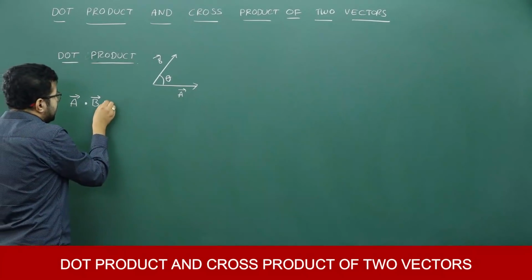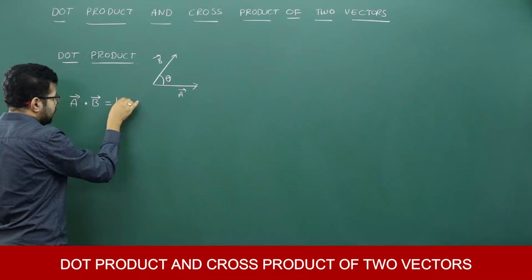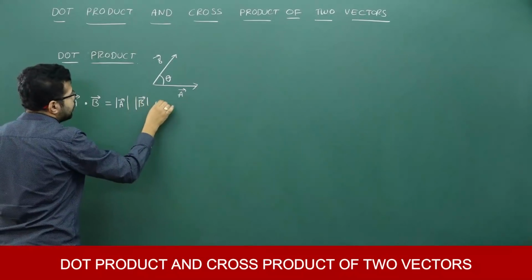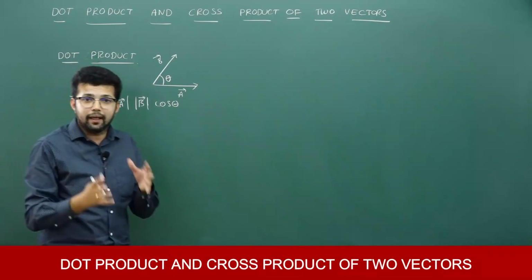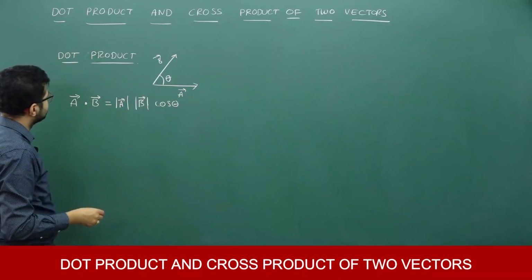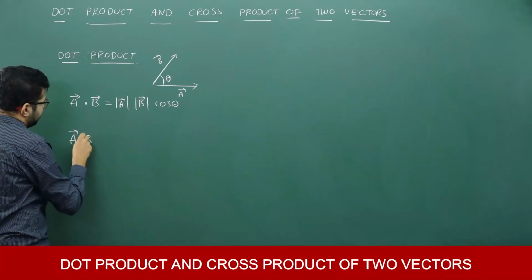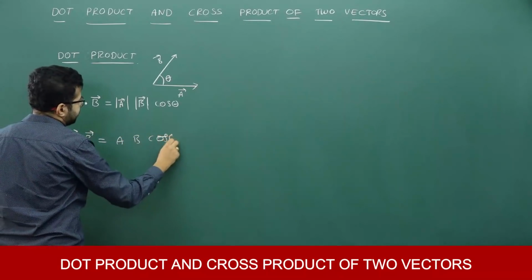A dot B is defined as magnitude of A into magnitude of B into cos theta. What is theta? Theta is the angle between vector A and vector B. In general we can write this as A dot B is equal to AB cos theta.